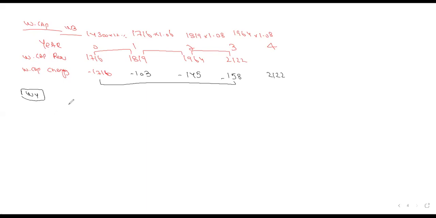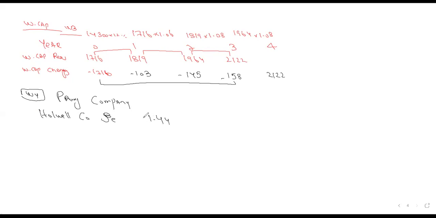The examiner has told you a proxy company, and the proxy company name was Wholewell Company. The Wholewell Company beta equity was given. How much was that beta? 1.44.